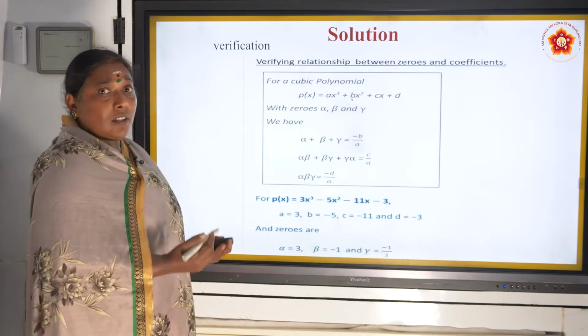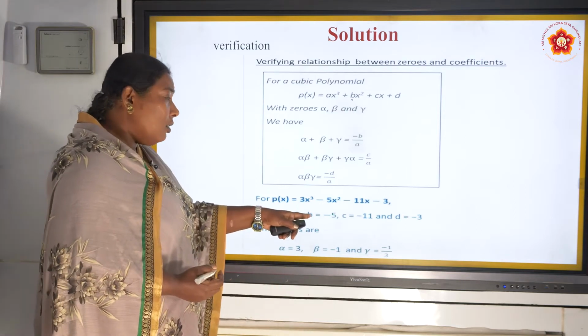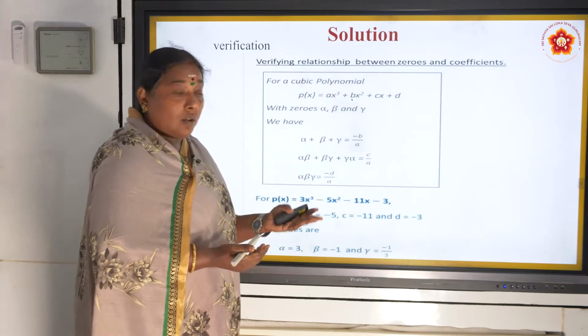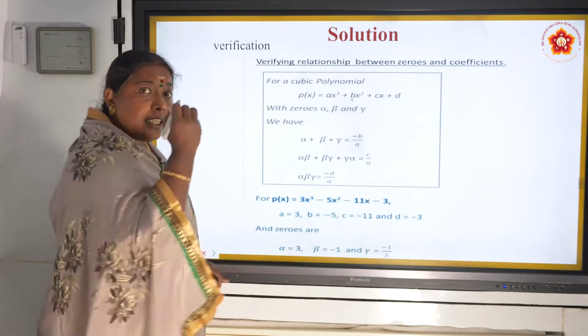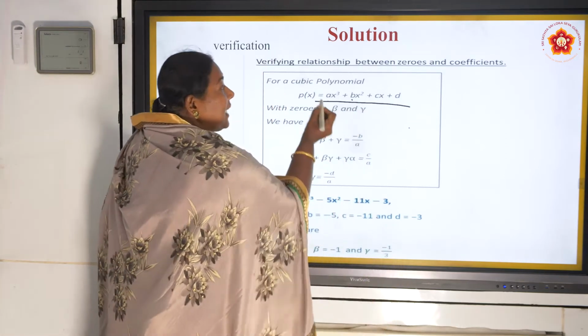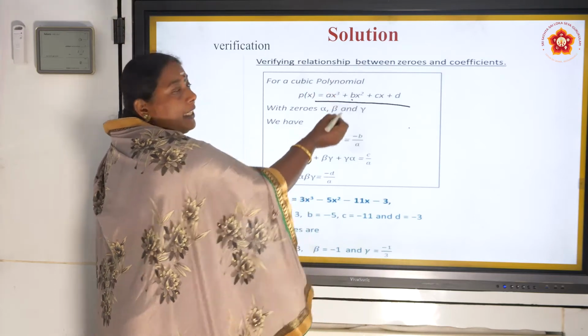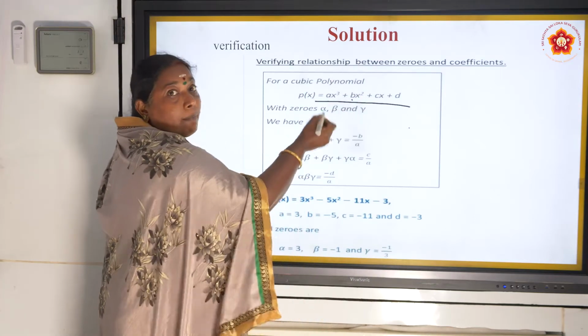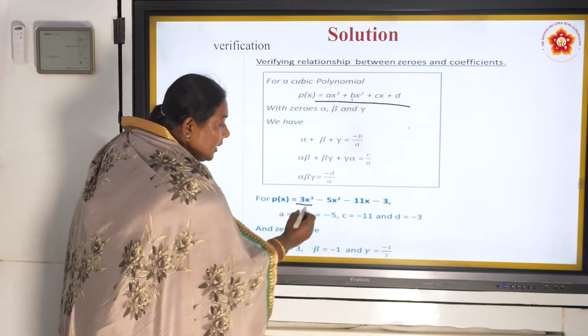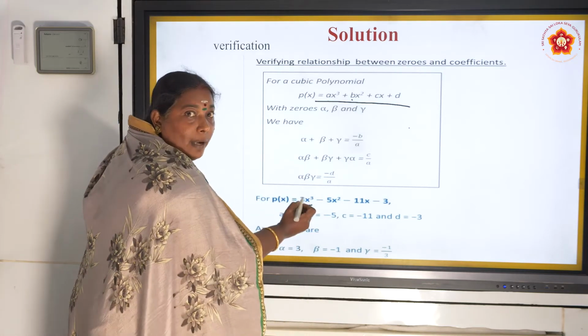Right? Why do I have a minus and all? Already you told that a, b, c, d only. Why do I have to take it with the symbol? Listen carefully. You have the general equation as ax cube plus bx square plus cx plus d. But the question is given as ax square, and instead of plus you have a minus.